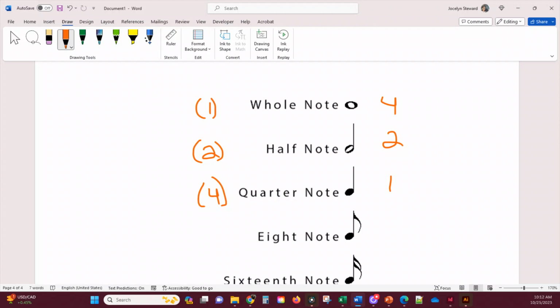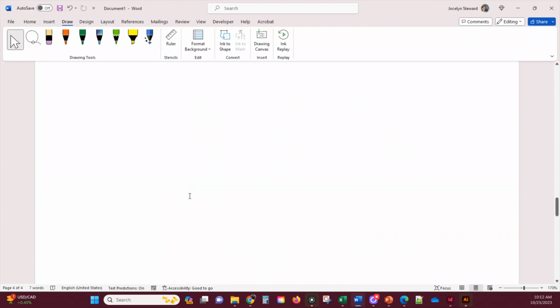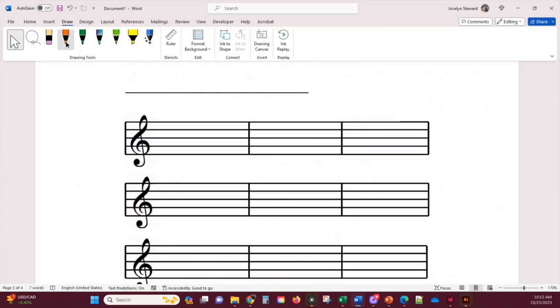So let me write that out so you can see what it looks like. If I go back up here, I would do 1 whole note. That gives me 4. I would do a half note and a half note. And then for this last one, I would do 4 quarter notes.